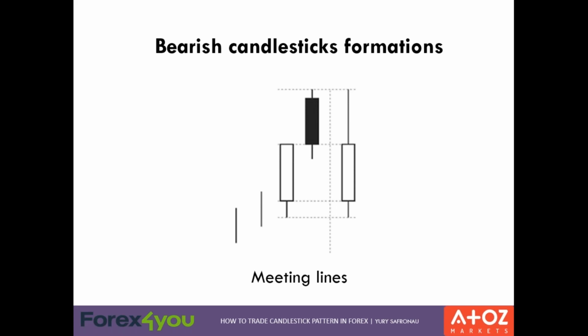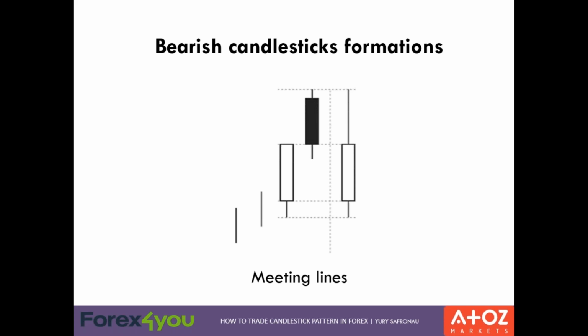The occurrence of this pattern reflects a stalemate between bulls and bears. The market is in an uptrend when a strong white candlestick is formed, which further supports the trend. The next day opens sharply higher, causing the bulls to feel more confident.